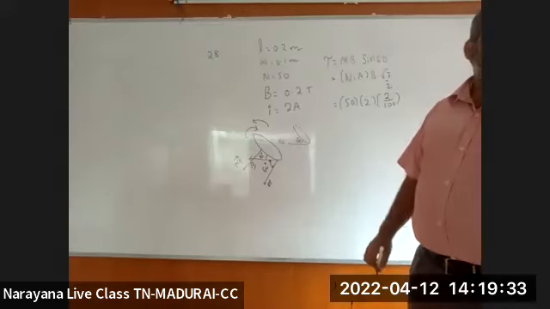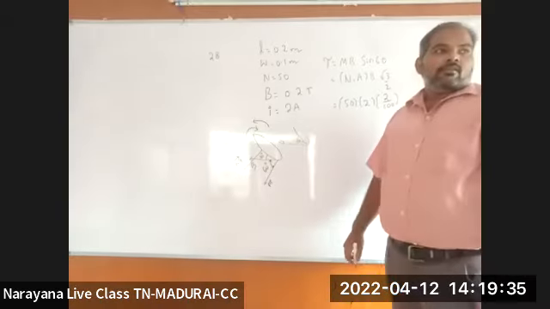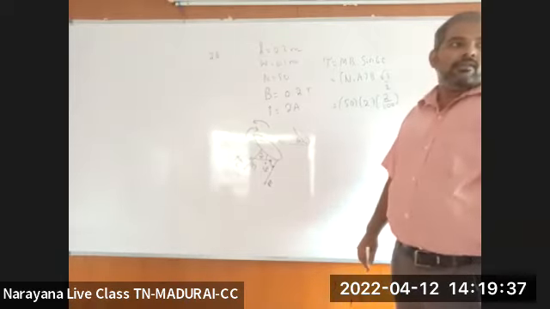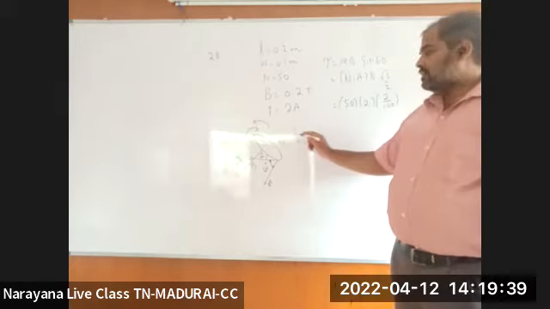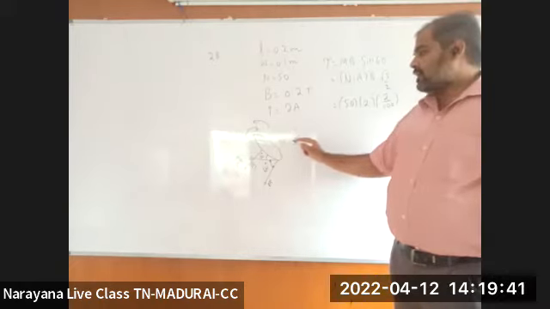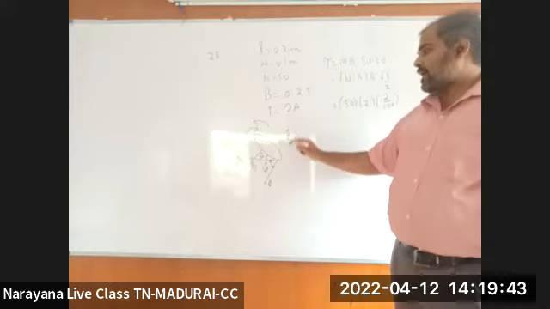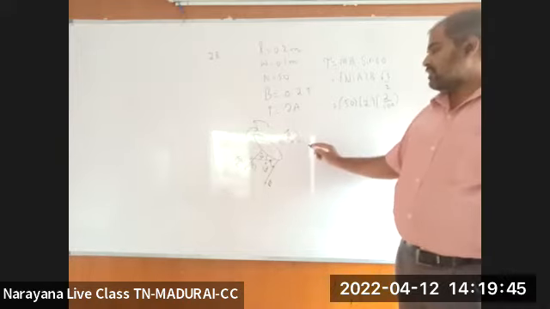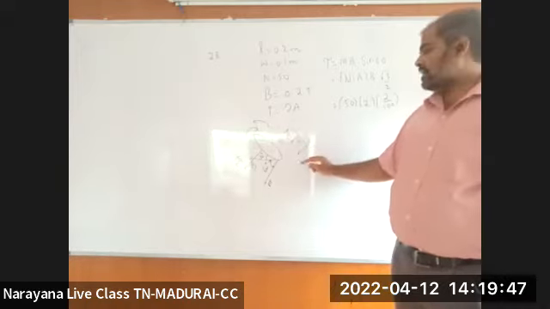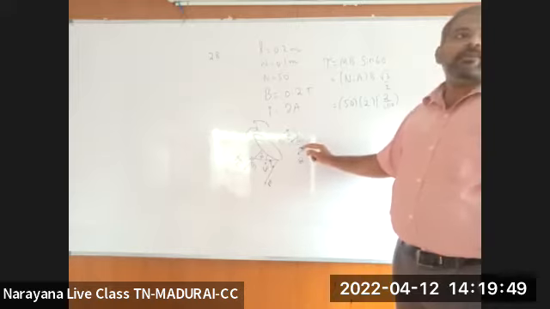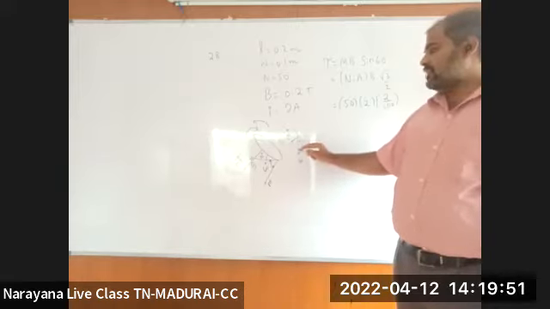Read the question. If you drop one perpendicular line, that represents the magnetic moment. Here I will draw it parallel to the direction of the magnetic moment. So the angle between magnetic moment and magnetic field is 60 degrees.